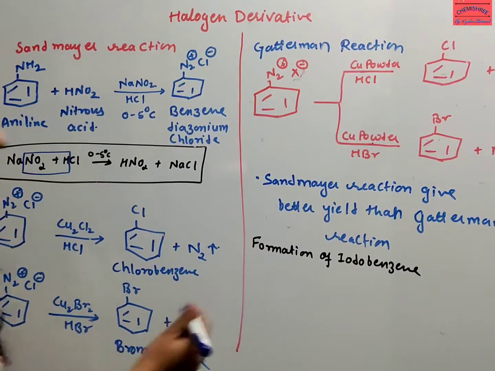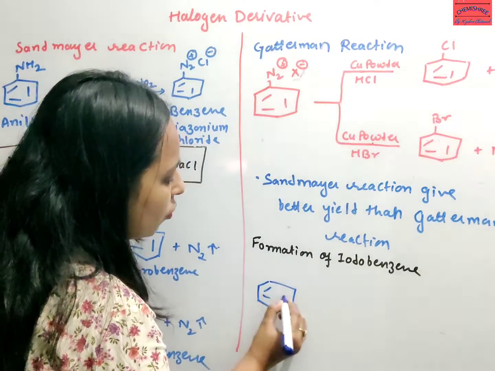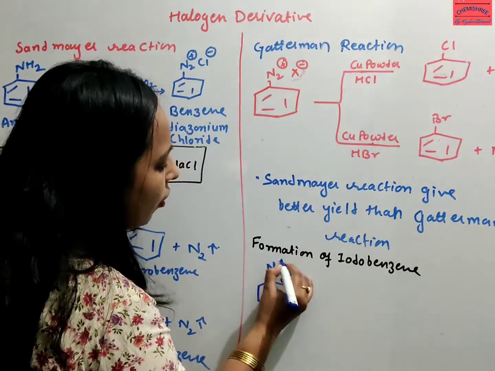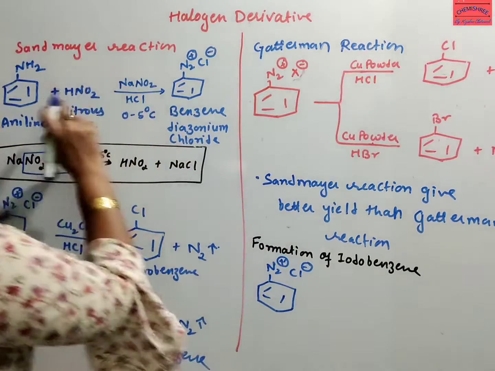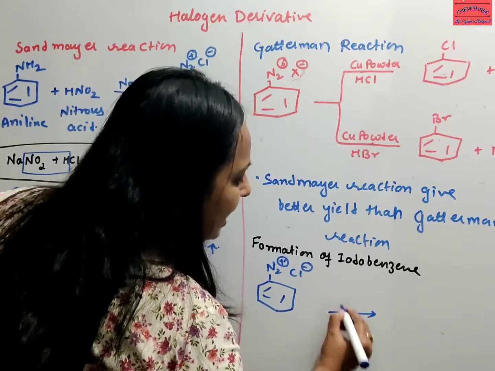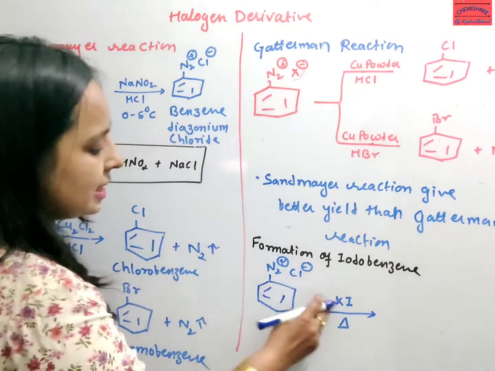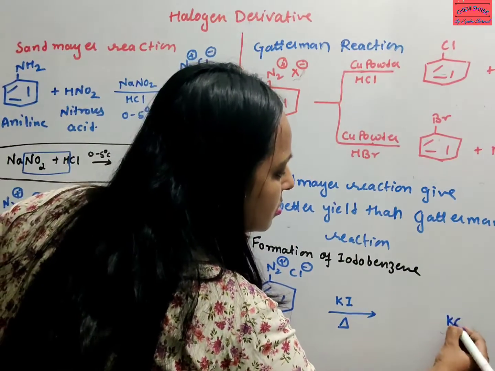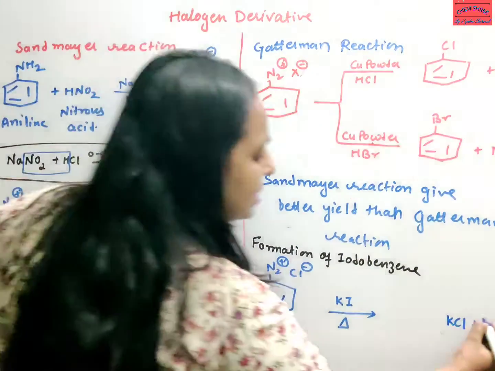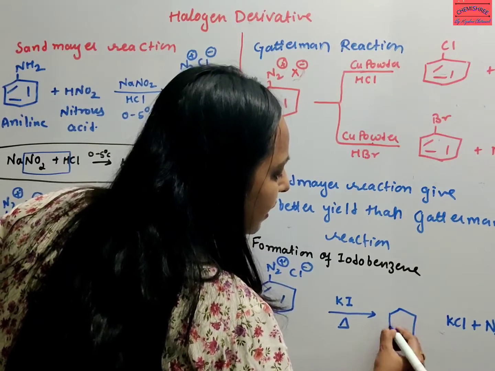So when benzene diazonium chloride, how to make benzene diazonium chloride already written on the board over here, is heated with KI, potassium iodide, KCl is removed, nitrogen gas removed, and iodine will come on benzene ring.